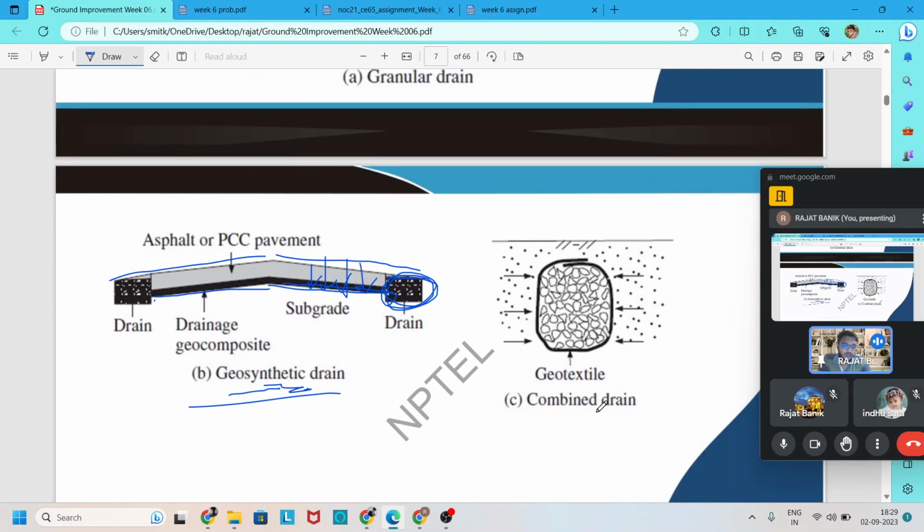So this is one of the arrangements. Another one is the combined drain. Combined drain means we use both textile or geosynthetic material and gravel or granular material.